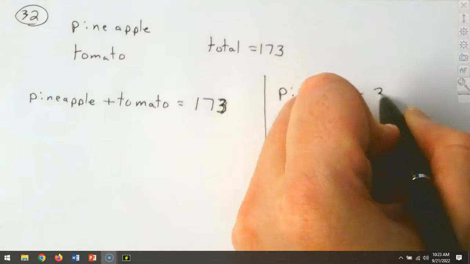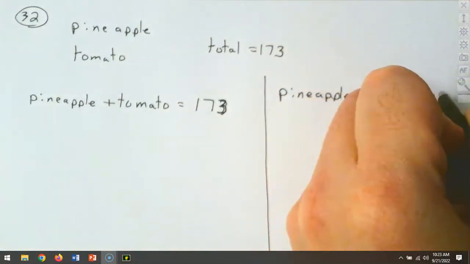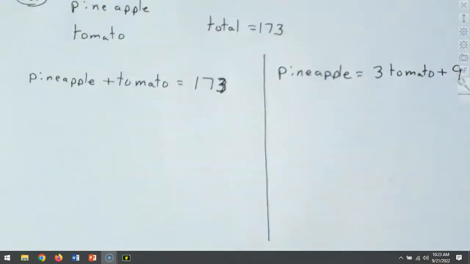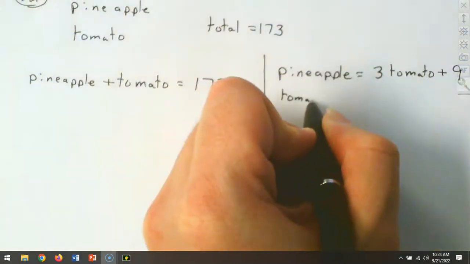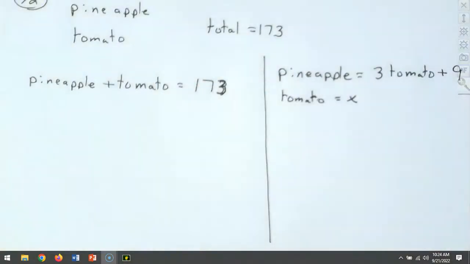So that's going to be 3 times the tomato juice plus 9, right? Is everyone okay with how I got that? Because if we read it, it says 9 more, so that's the adding there, than 3 times as many calories as a 1 cup serving of tomato juice. So that's where that came from. Now, do we know anything at all about the tomato juice? No. So we're going to use an x to represent that.